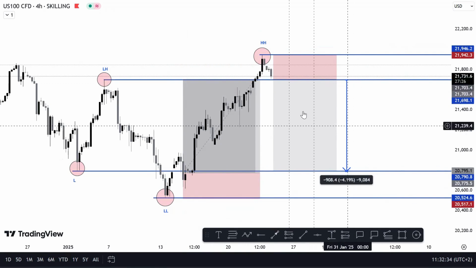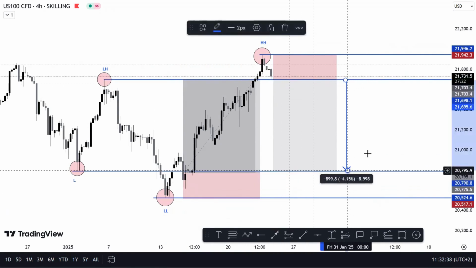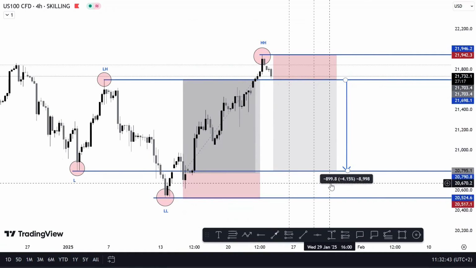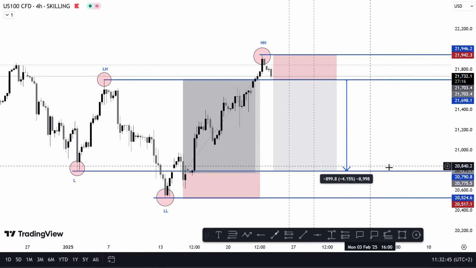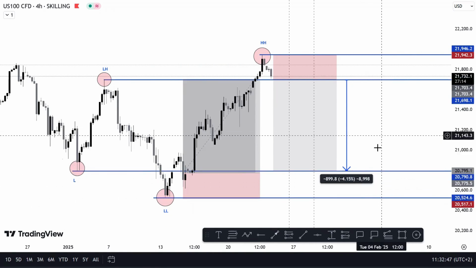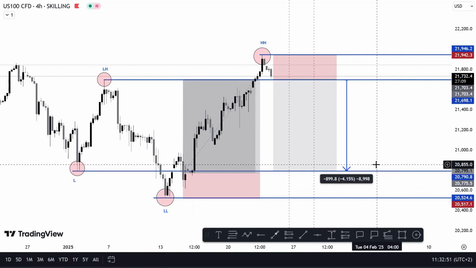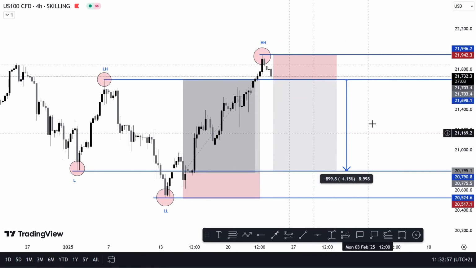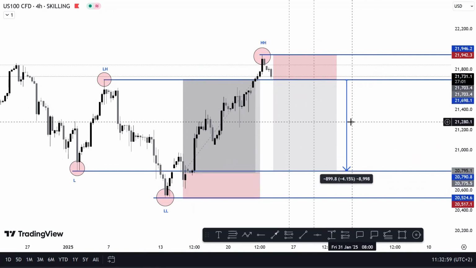If we look at this, the distance in pips is almost 9,000, which is 899 points, from this entry here. So you're looking to make, if I'm not mistaken, around 15,000 on a standard lot size, 0.01, not micro, a standard trading account.